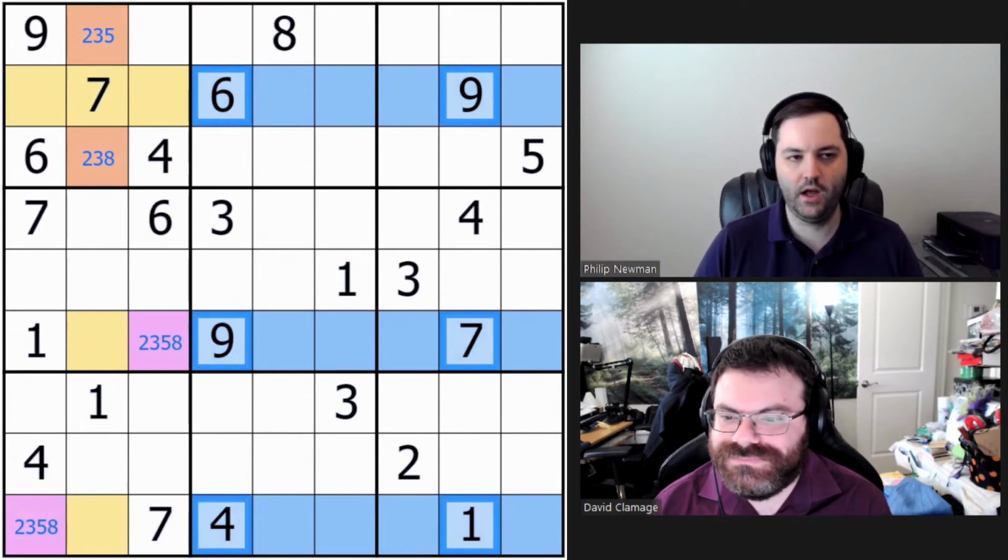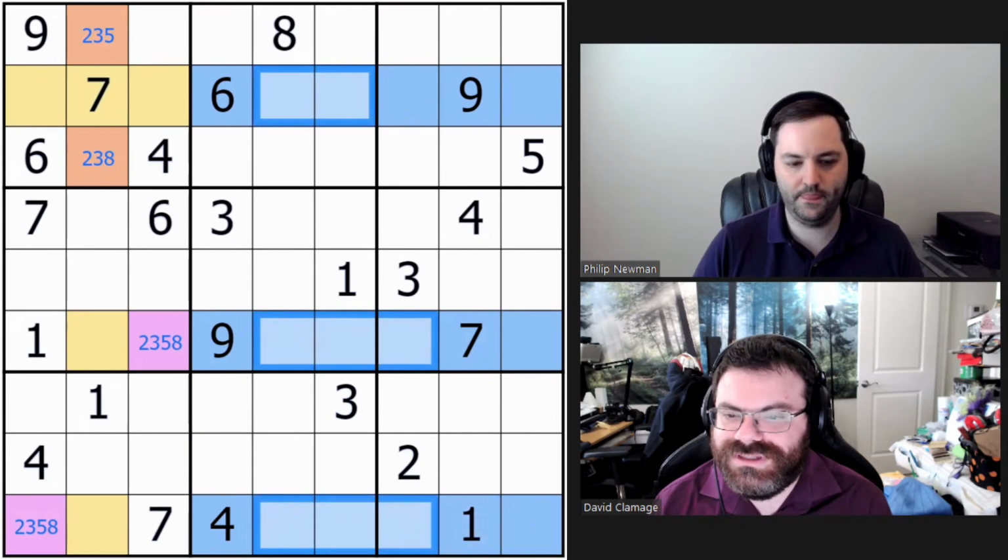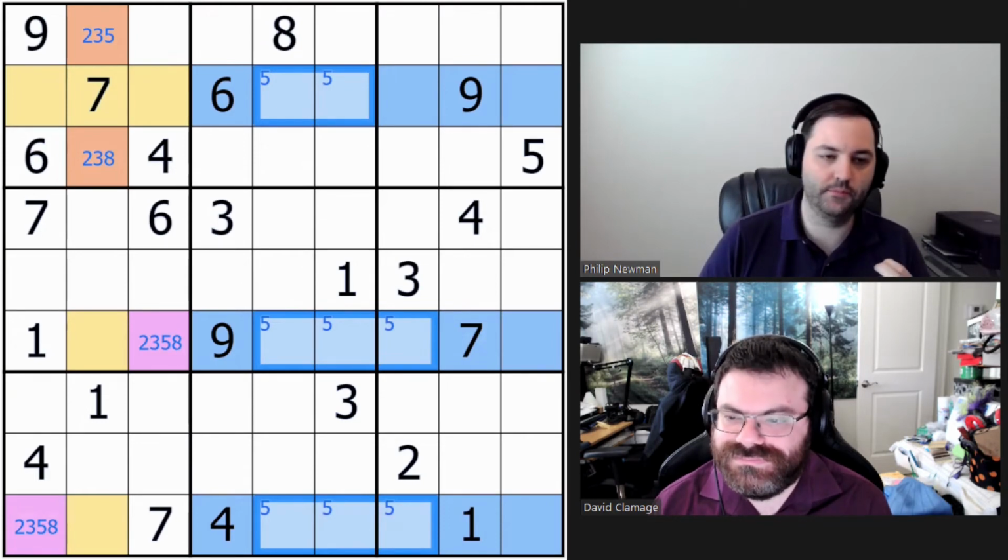Unlike Valtari, however, we only have 1 2, and we only have 1 5, and we only have 1 8. So we can actually put a 5 in a lot more places, right? Put 5 in 3 places. So this doesn't work as a junior Exocet.